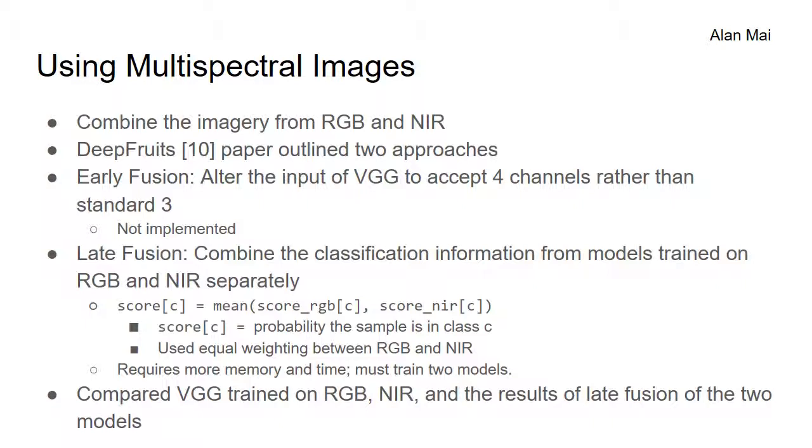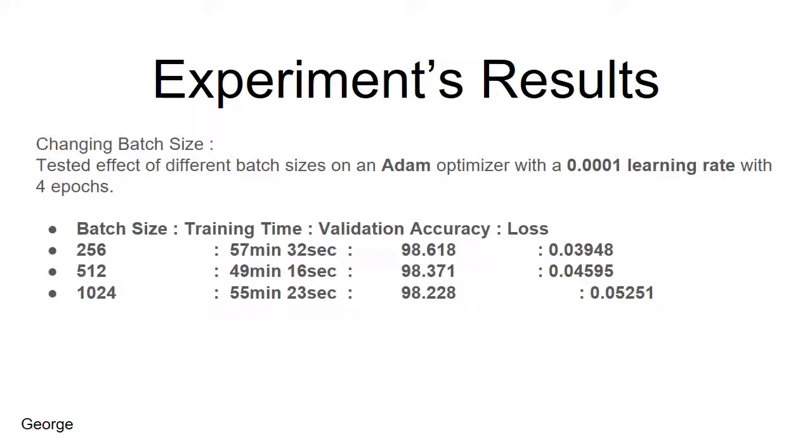However, this method requires much more memory and time compared to early fusion. In the end, we want to compare the results of VGG trained on RGB, VGG trained on near infrared, and this late fusion approach. One of the things we manipulated in our models was batch size during training.